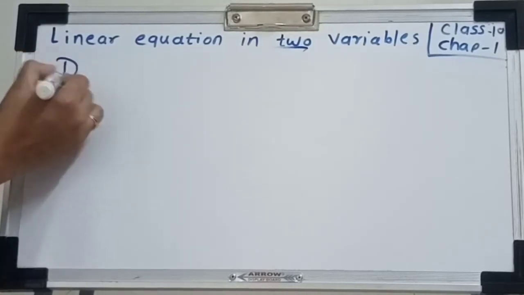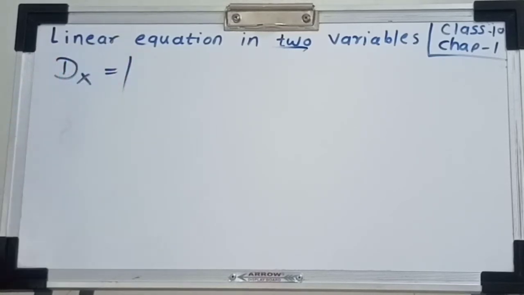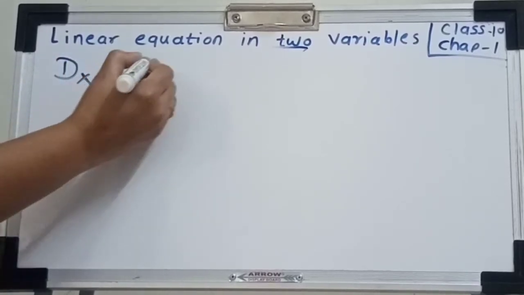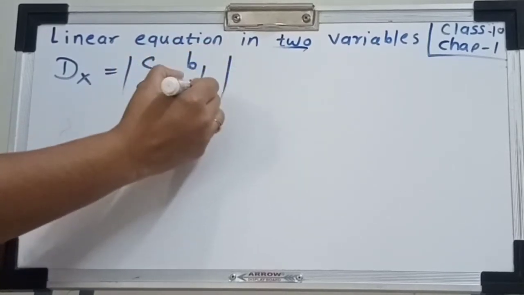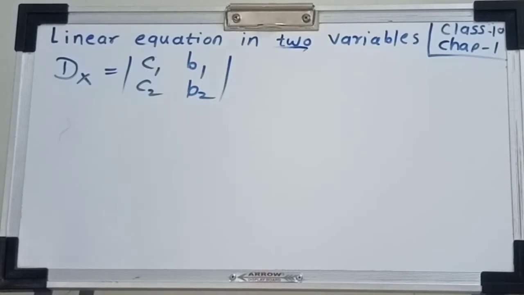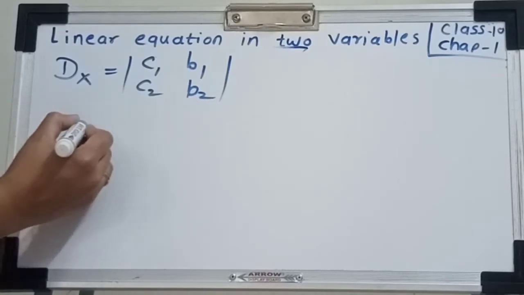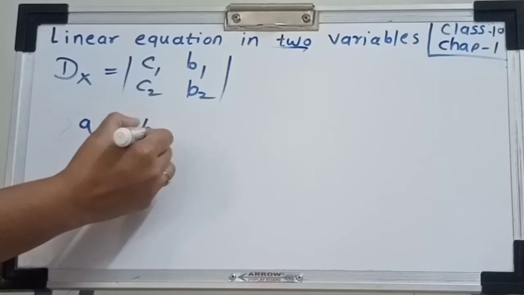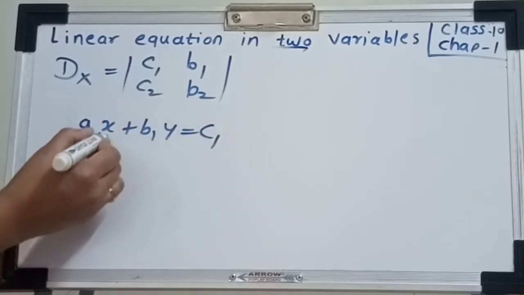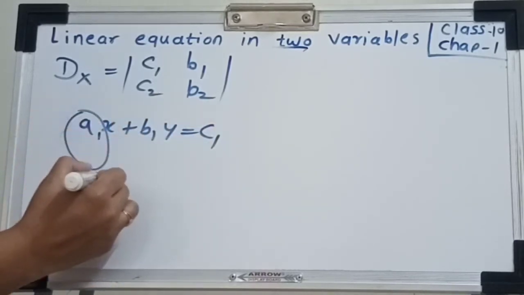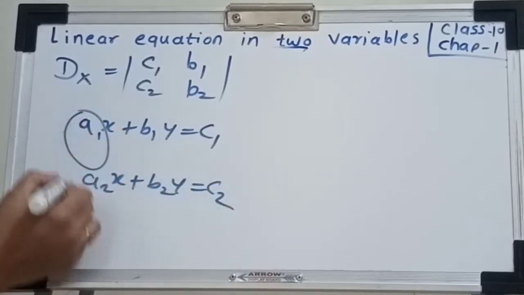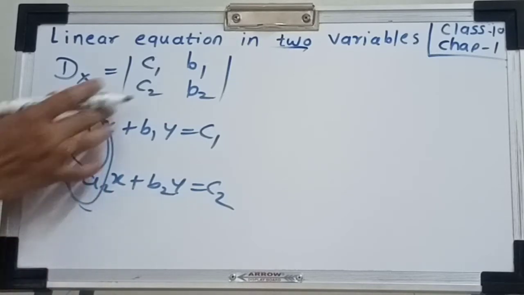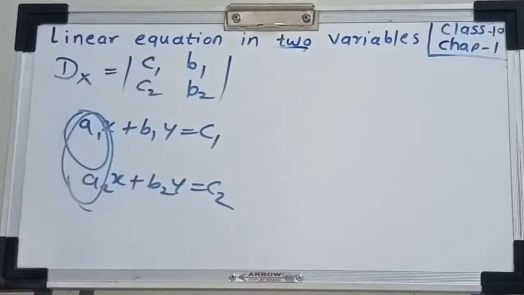When we find the determinant for x, it's called Dx, determinant of x. It has C1, C2, B1, B2. The coefficients of x, A1 and A2, are not present in Dx, only C1, C2 and B1, B2.